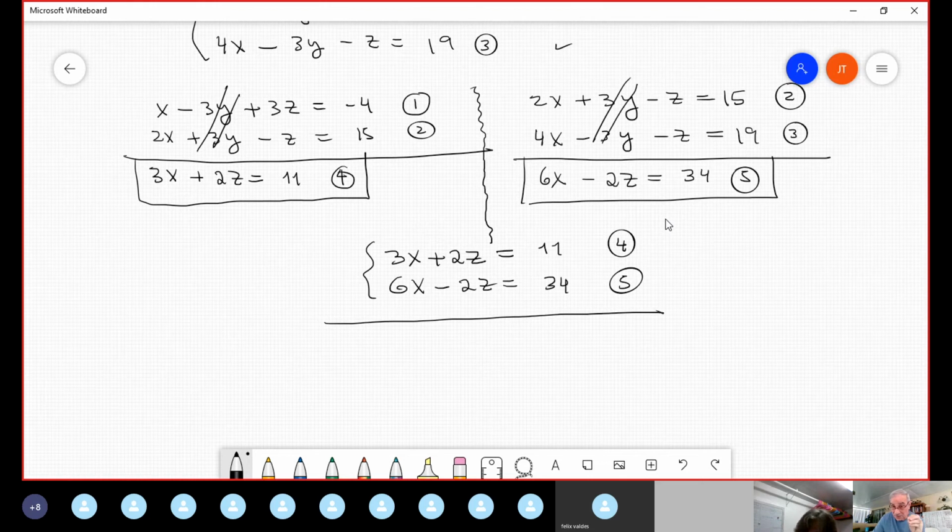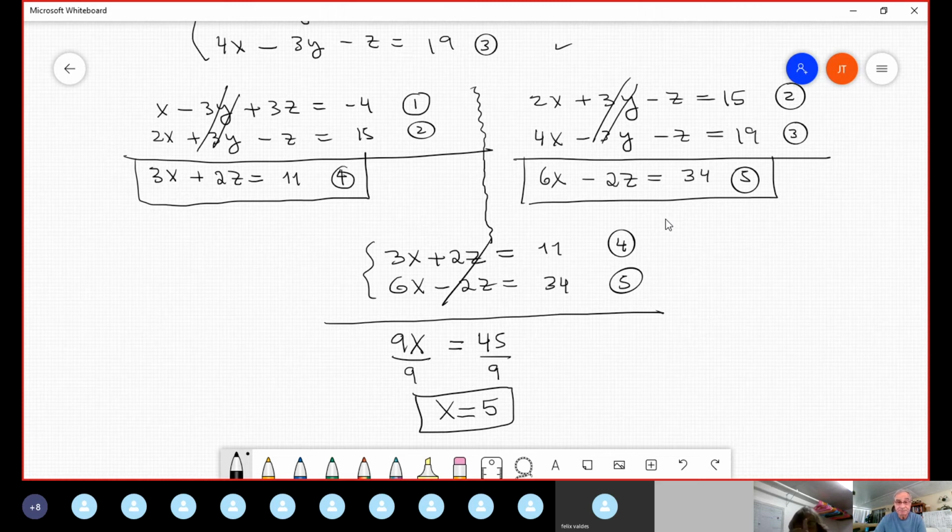I create this example because it is very straightforward. In other examples it's completely crazy. But in this case, everything matching, elegant, perfect. This is 9x, elimination again, and this is equal 45. Divided by 9, both sides, x equal 5. And we get at least the first value.